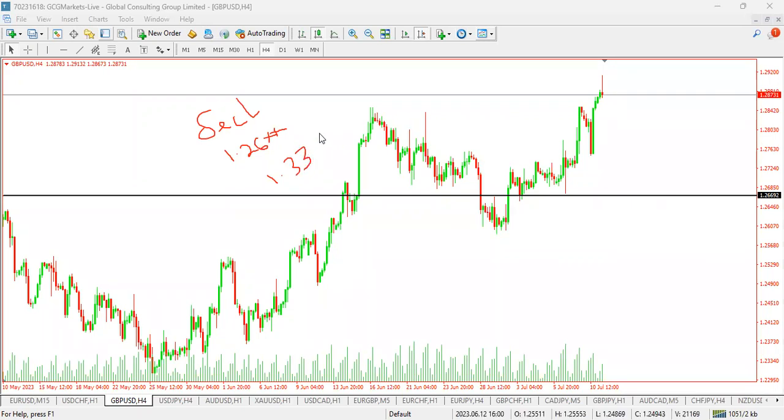Then we should look to sell from the 1.33 zone. So this will be our perfect sell entry, and this will be our perfect buy entry.